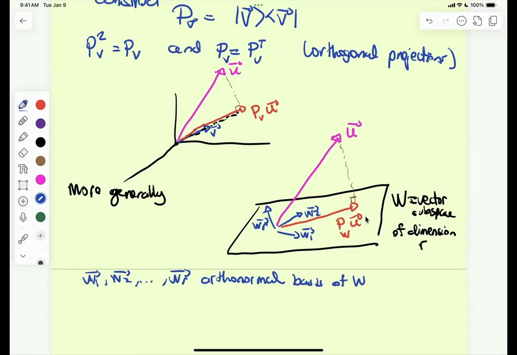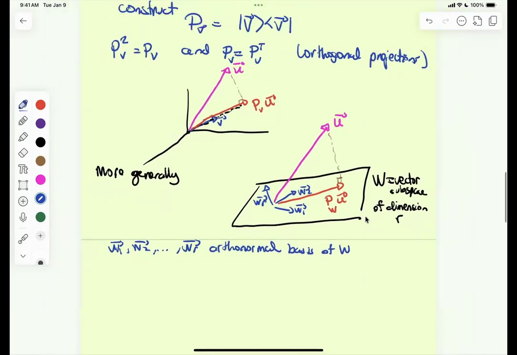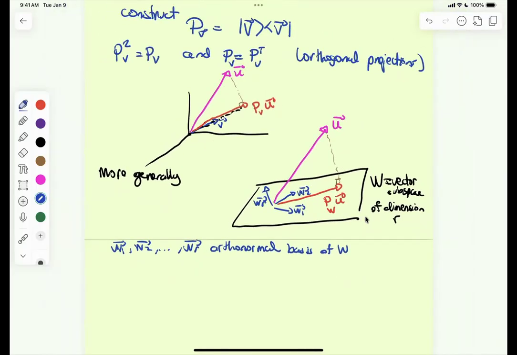It's not too hard to convince yourself of the formula for the projection. I'll write the actual projection matrix itself. It's just a sum of tensor products, a generalization of this one.